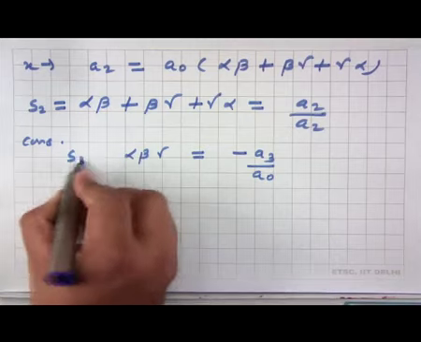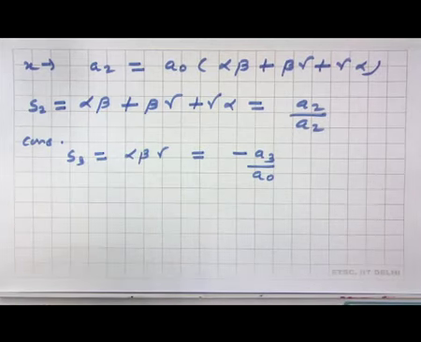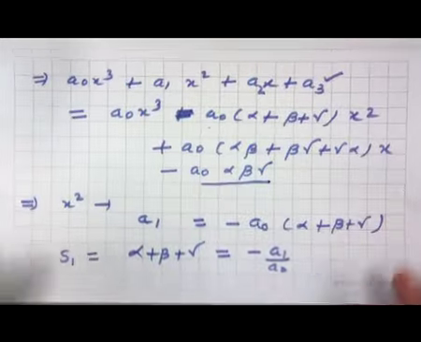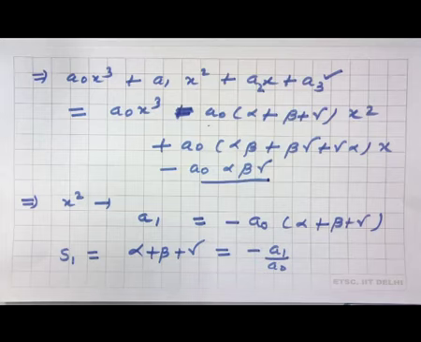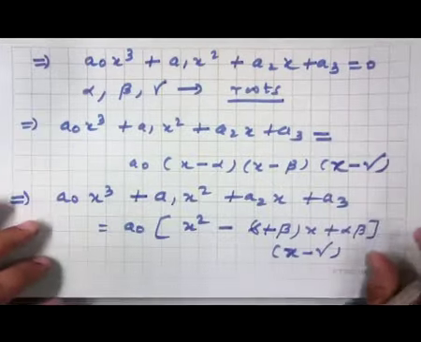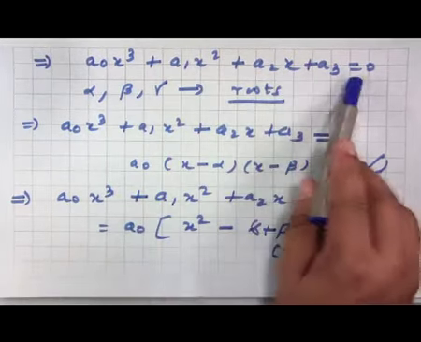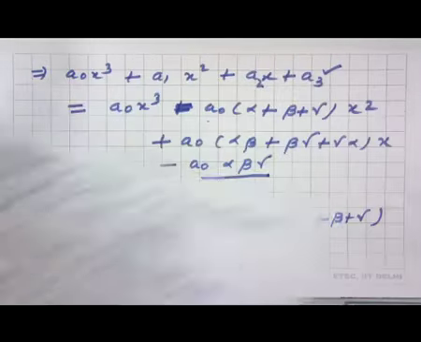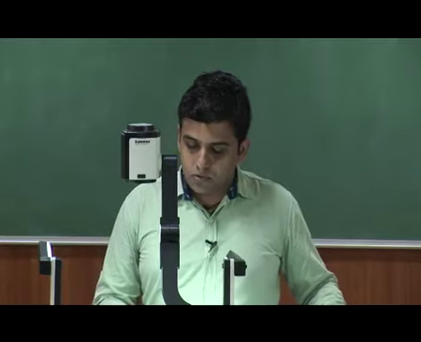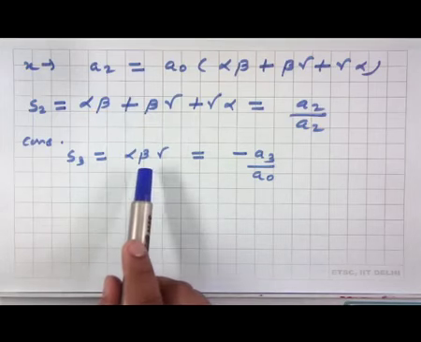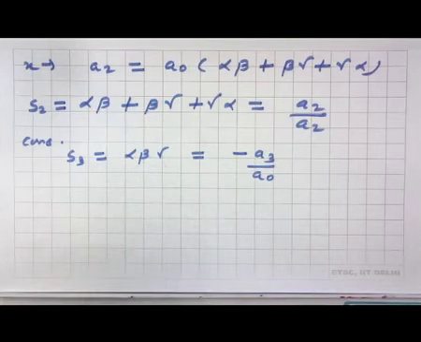It can be written as S3. Now if alpha, beta, gamma are the roots of this cubic equation a0 x³ + a1 x² + a2 x + a3 = 0, then we can find the sum, the sum of products of two roots, and the product of three roots.